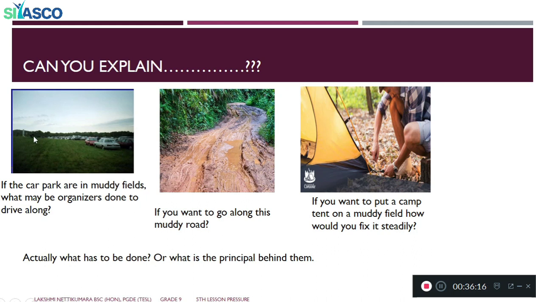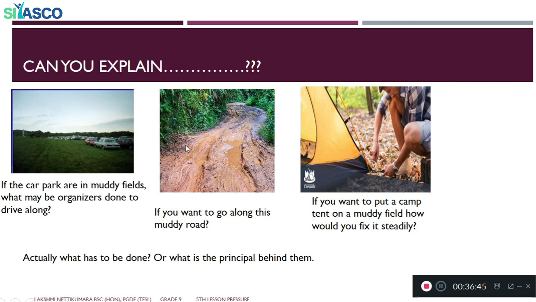Here, what you should do, you have to reduce the pressure. In these three situations, you have to reduce the pressure. To reduce the pressure, what should you do? You have to increase the contact area. So here, by placing some sheets or boards, you can get the cars out safely.